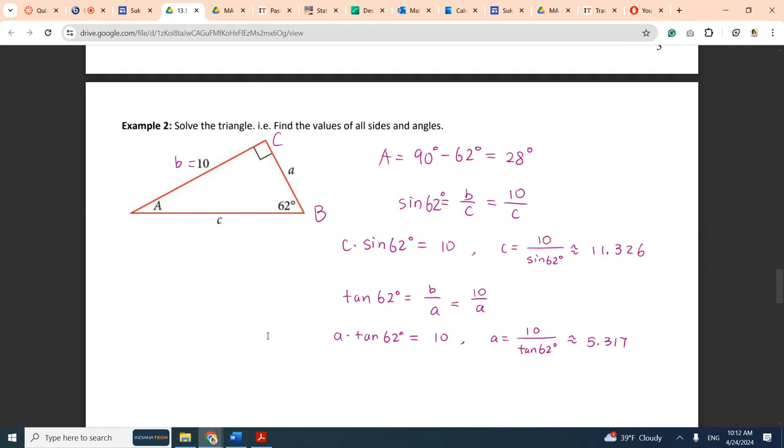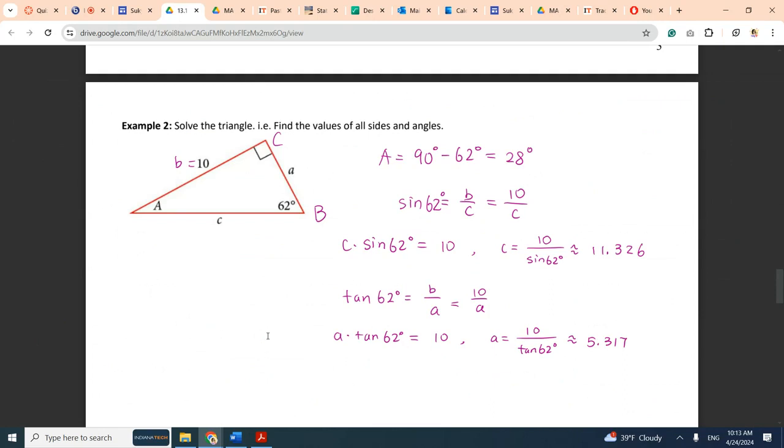If you don't understand at some step, let me know, okay? So here, we know B is 62 degrees. Then A is 90 degrees minus 62 degrees, because the sum of the 3 angles in a triangle is 180 degrees, right? So 180 minus this minus that is 28 degrees.